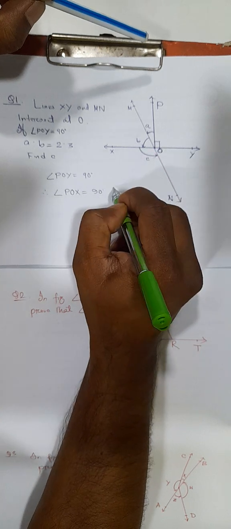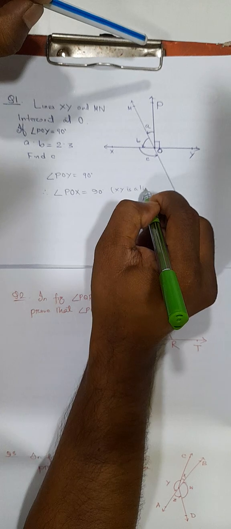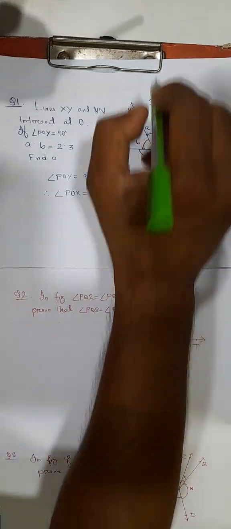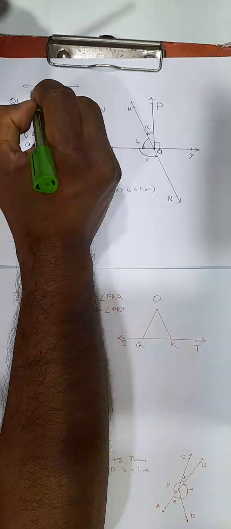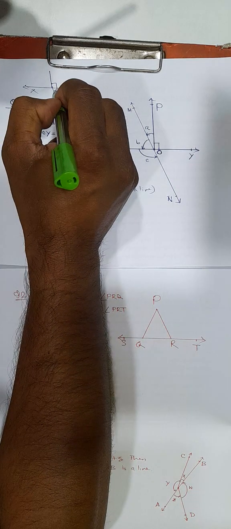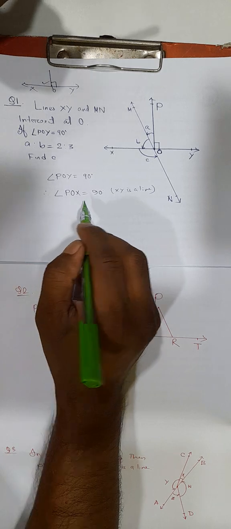Since XY is a line, on a straight line we call it a linear pair. So if one angle is 90 degrees, the other angle is also 90 degrees. So POX equals 90 degrees.